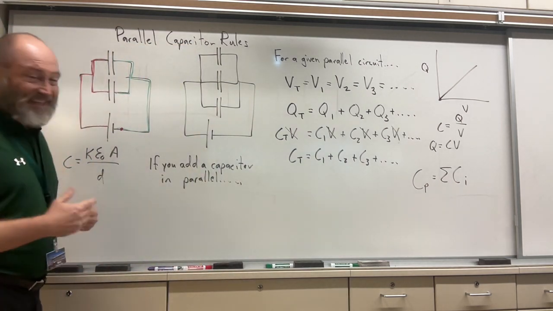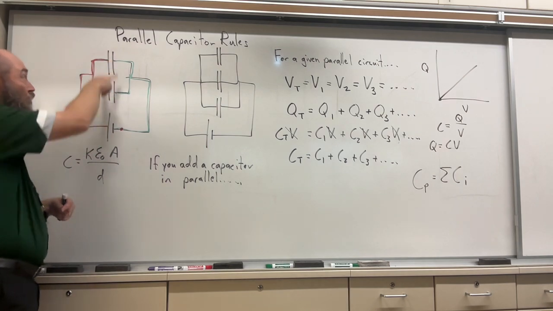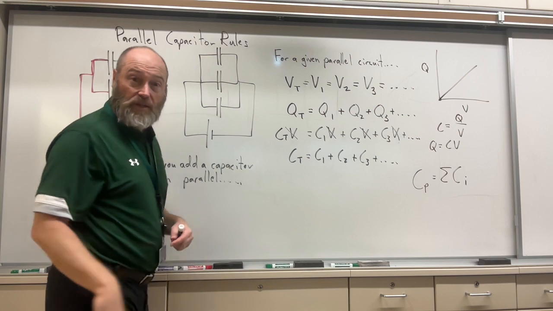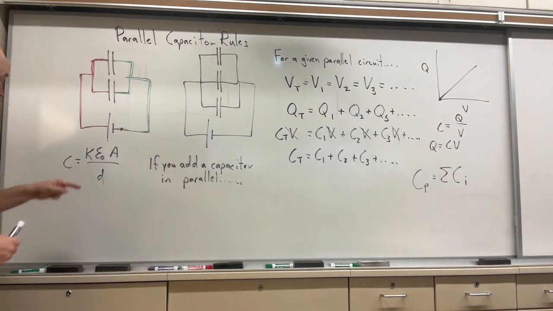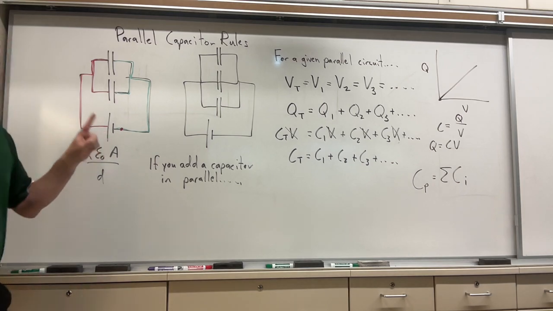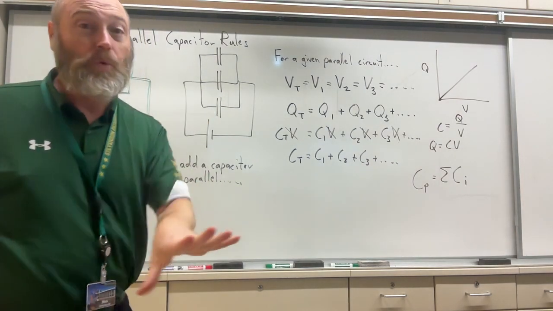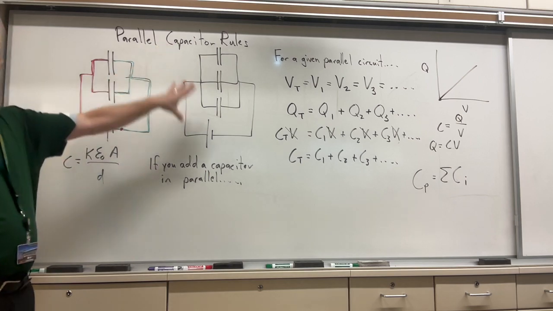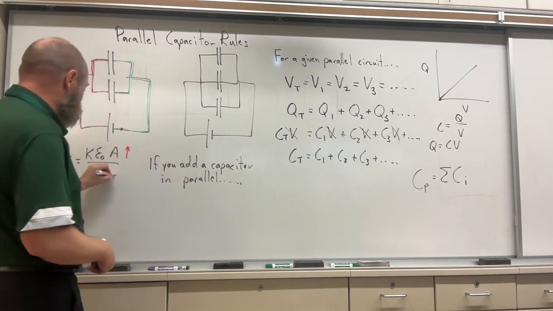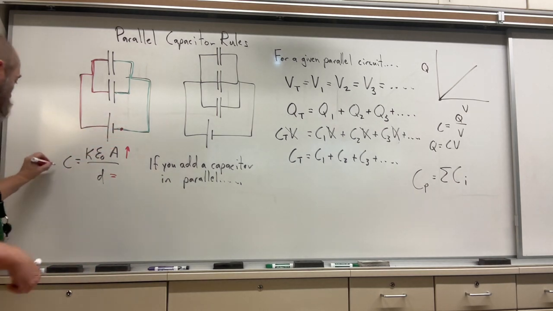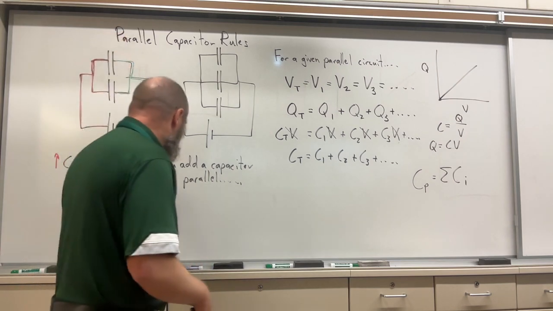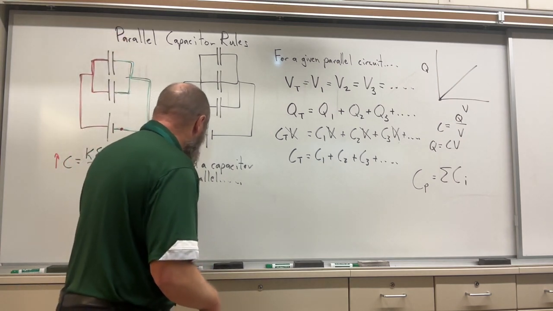Do you all see this circuit? I have 2 capacitors touching the battery. Now I have 3 capacitors touching the battery. Did I change the dielectric? I did not. Did I change the constant? I did not. Did I change the area? I did. I increased the area that is touching the battery. Guess what? If this goes up and this stays the same, my capacitance has to go up. If you add a capacitor in parallel, the total capacitance goes up.